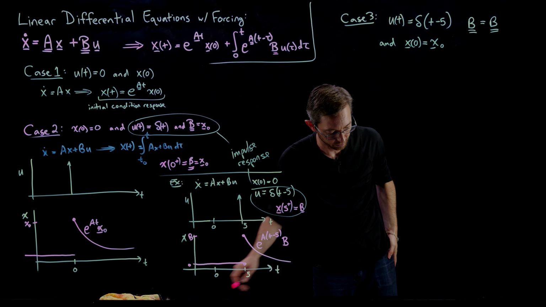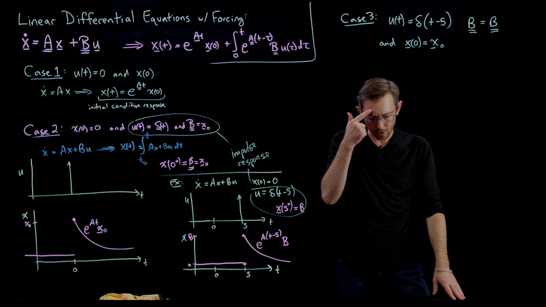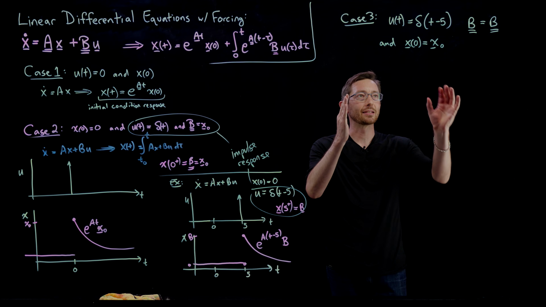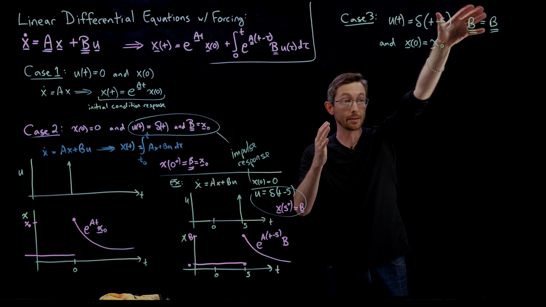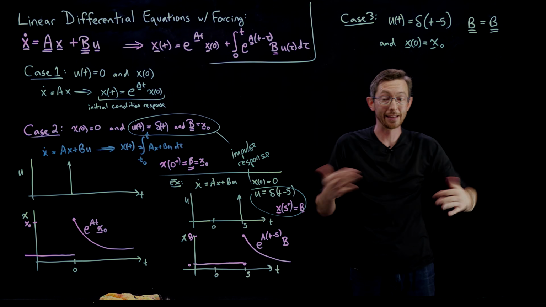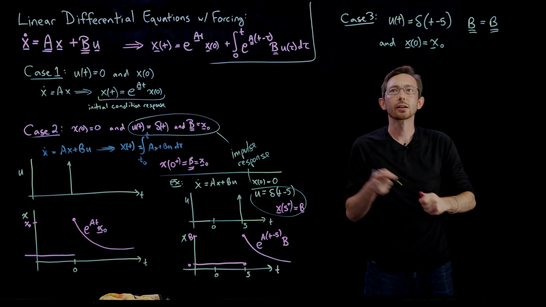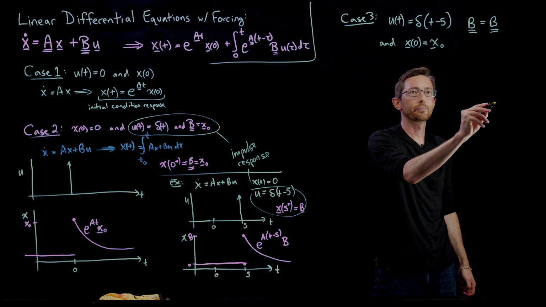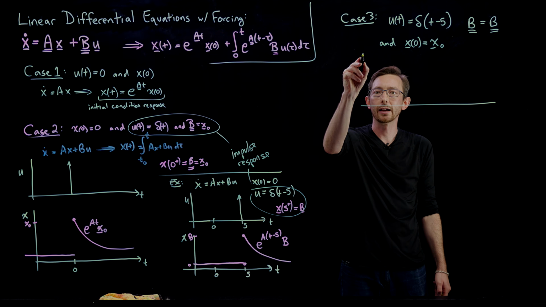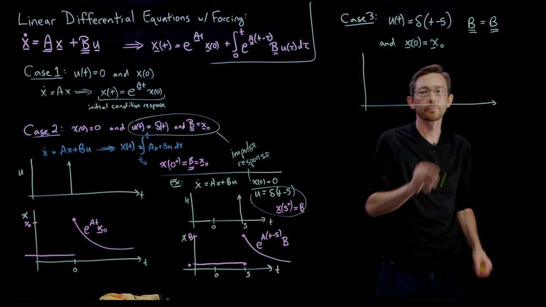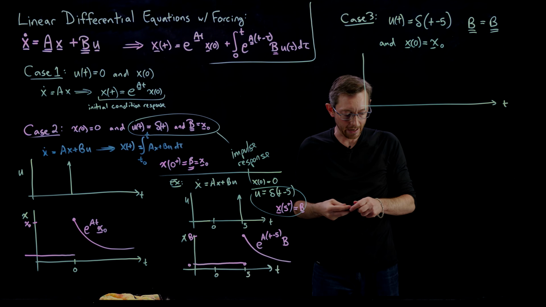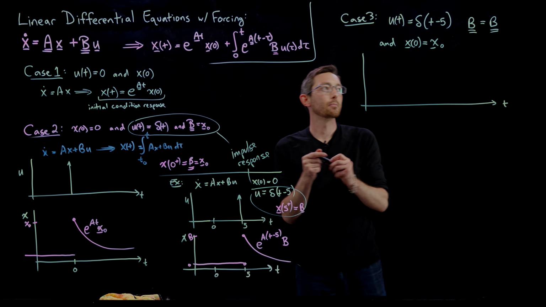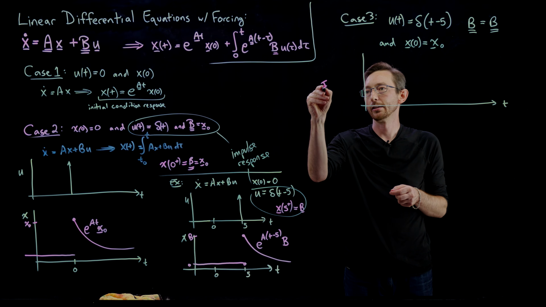Okay, not too bad. And so what I'm going to do is literally take the sum of this impulse response and this initial condition response, and that's going to be my solution. So let's just do this. I'm going to try to give myself enough room here. So this is time. And let's start with my initial condition response.